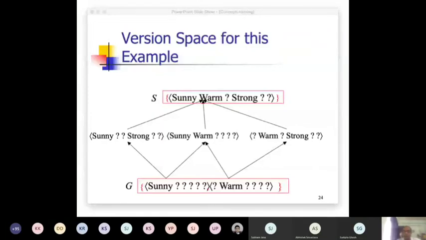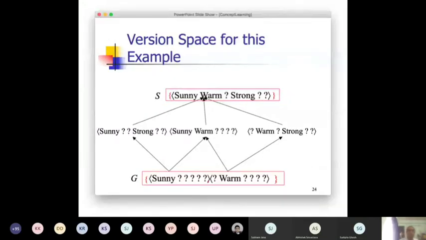So let me continue our discussion on version space that we discussed in the previous class. We have discussed two algorithms.